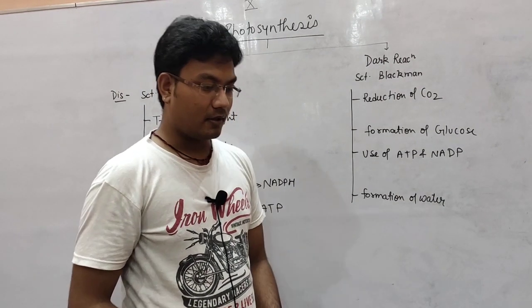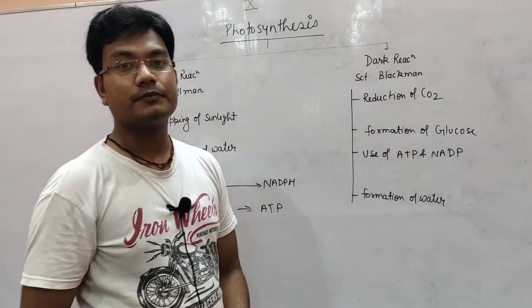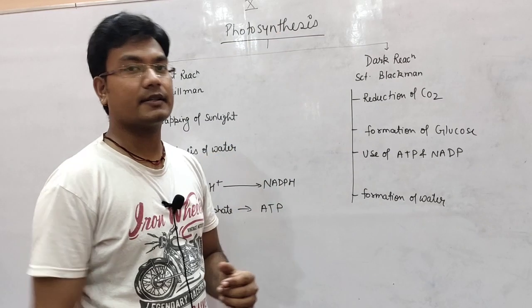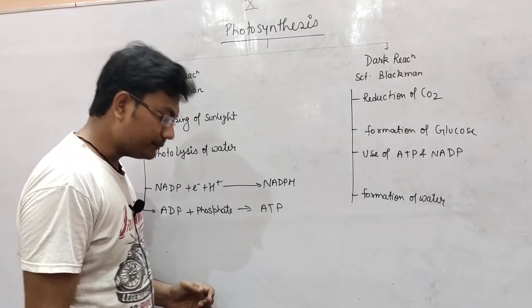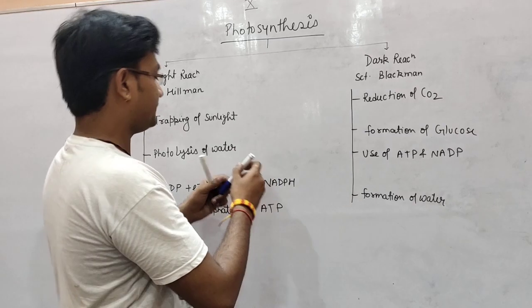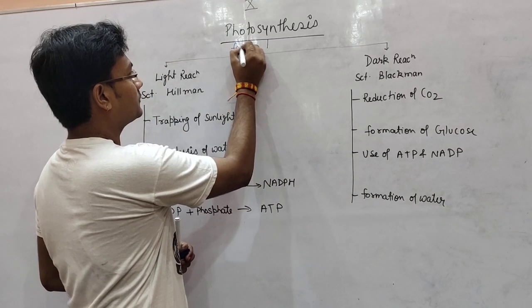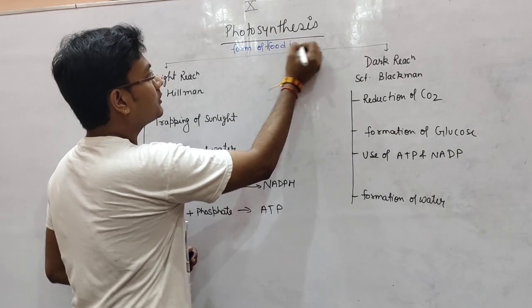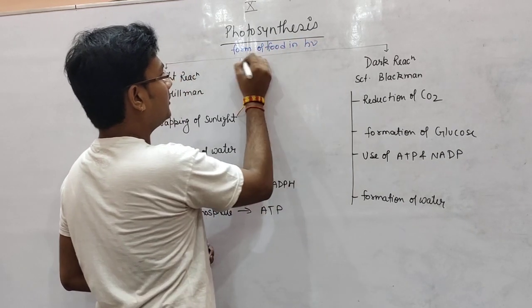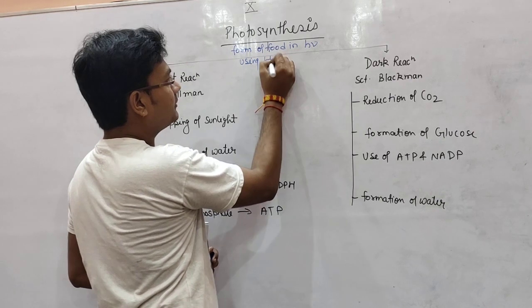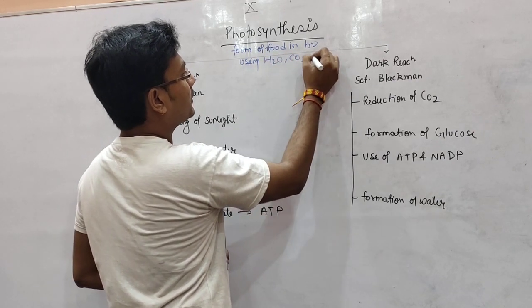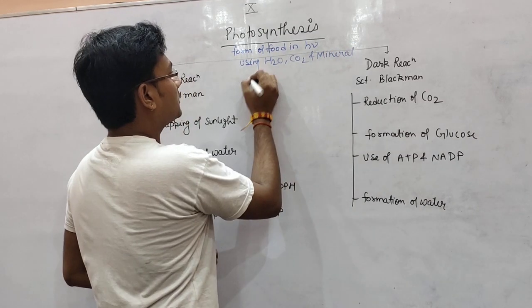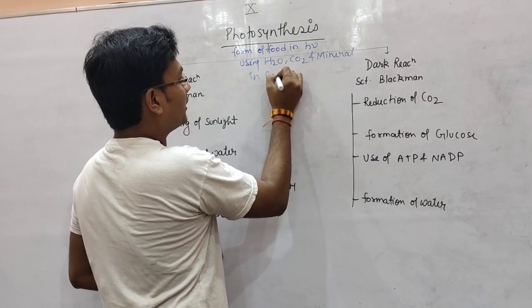Once again, I come in front of you taking a beautiful topic, that is photosynthesis. As we know, photosynthesis means formation of food in sunlight using water, CO2 and minerals in green plants.